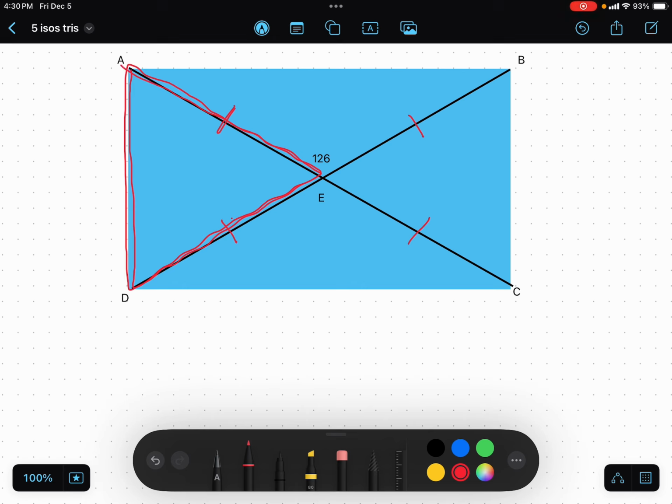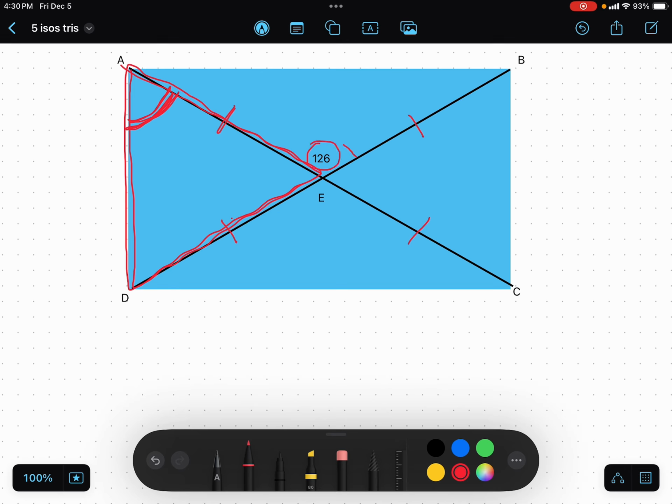So for example, here we might be asked to find the measure of this angle here, EAD. Now, we don't have any of the angles in there right now, but we do have this 126 degree angle here.